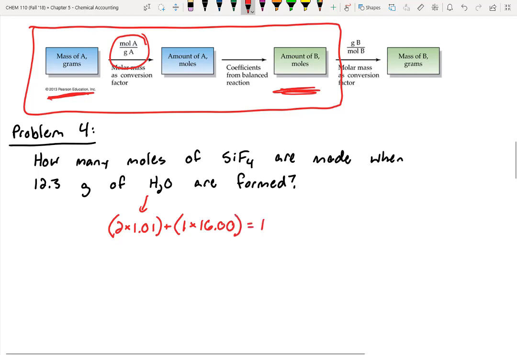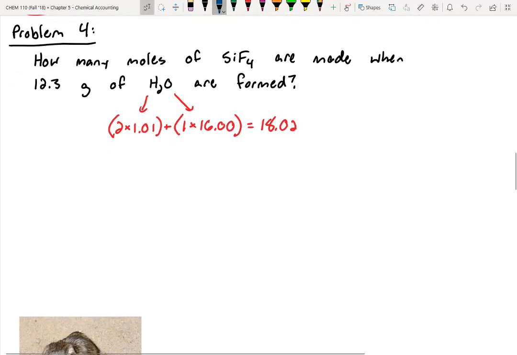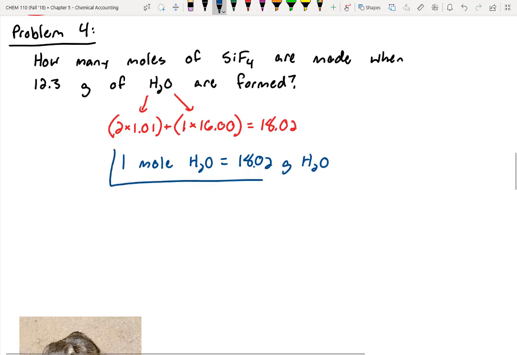So I'd say this is about 18.02. So we can convert this and we can say, all right, 1 mole of water is equal to 18.02 grams of water. So that's going to be our molar mass unit conversion.